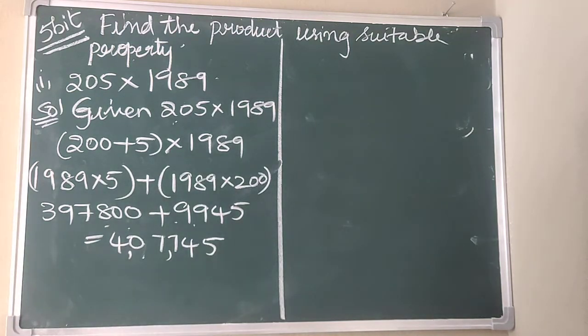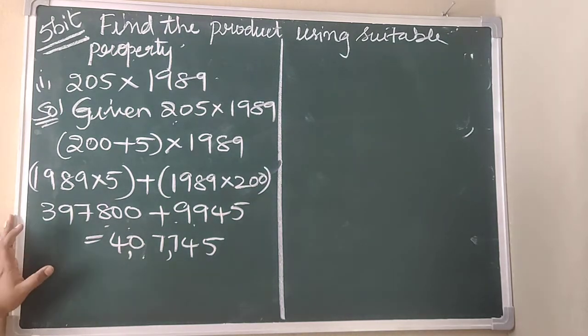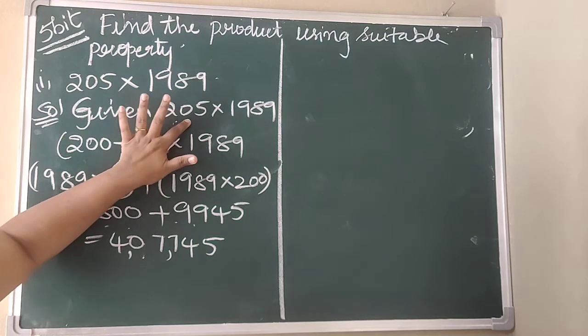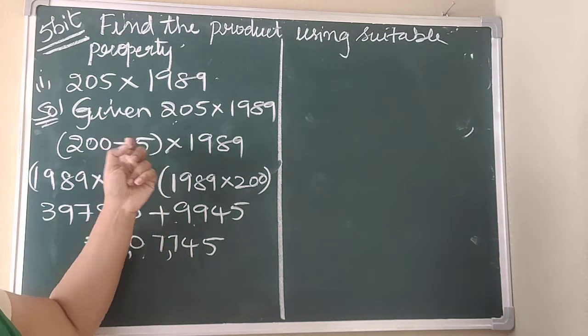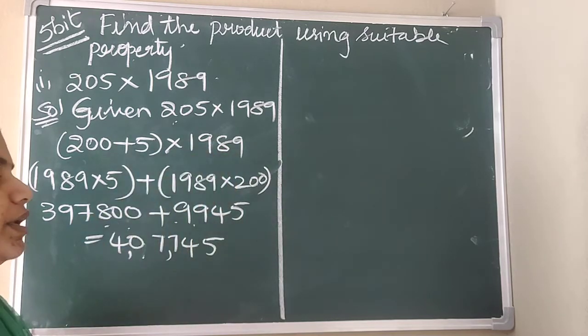So this is our product by using the property called distributive property. So here 205 I wrote in the form of 200 plus 5 and multiplied each and every number with 1989. Okay, so this is our first one.